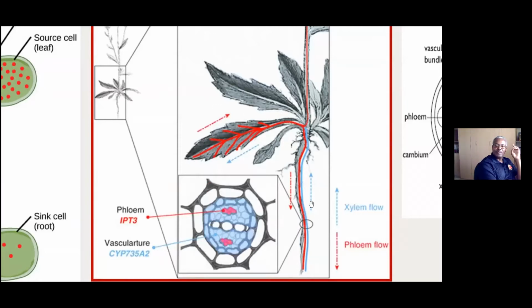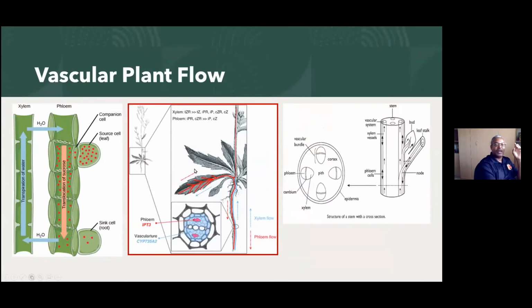The xylem, which is from the roots on up to the top of the tree, will give us our water flow, and it's going to flow through the leaves to transpiration. Transpiration basically is the process of the leaves actually breathing out oxygen.